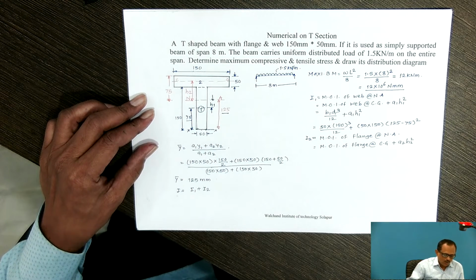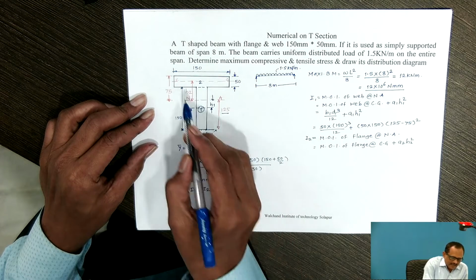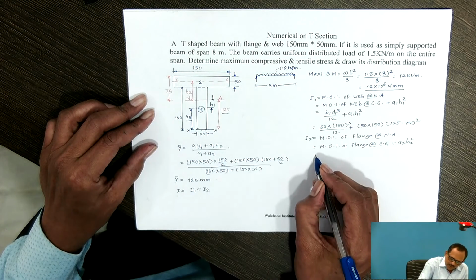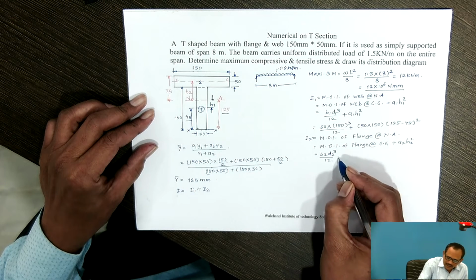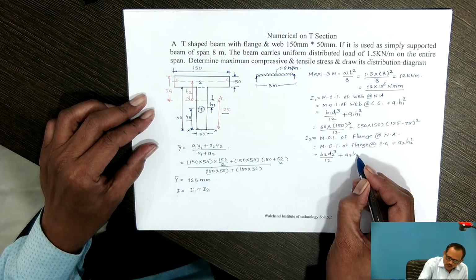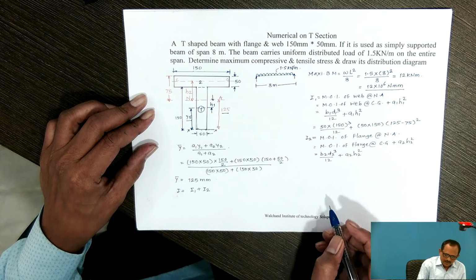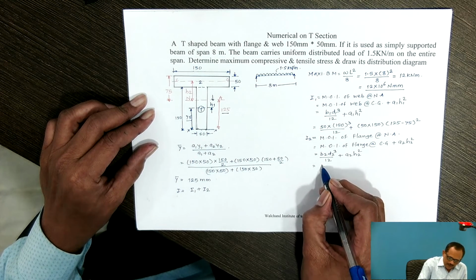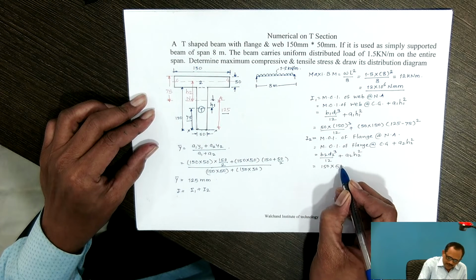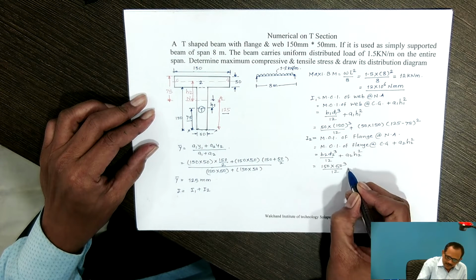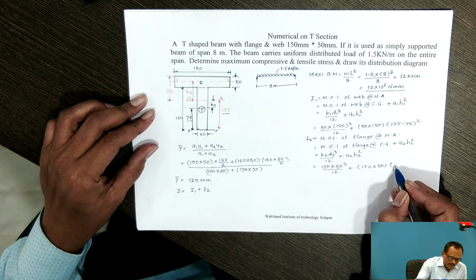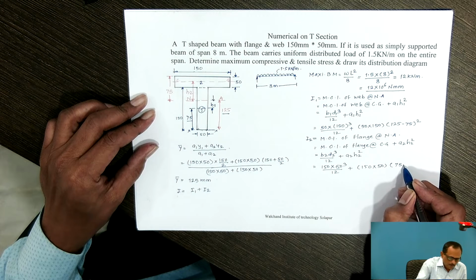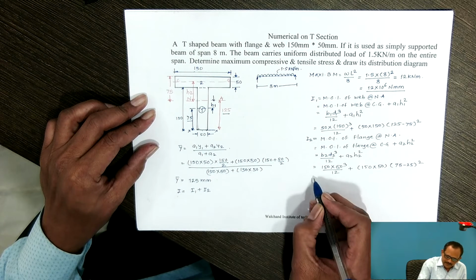So moment of inertia of the flange about its own CG, as this is a rectangular strip, will be B2 D2 cube divided by 12 plus A2 into H2 square. Therefore I2 will be equal to 150 into 50 cube divided by 12 plus 150 into 50, H2 will be 75 minus 25 bracket square.